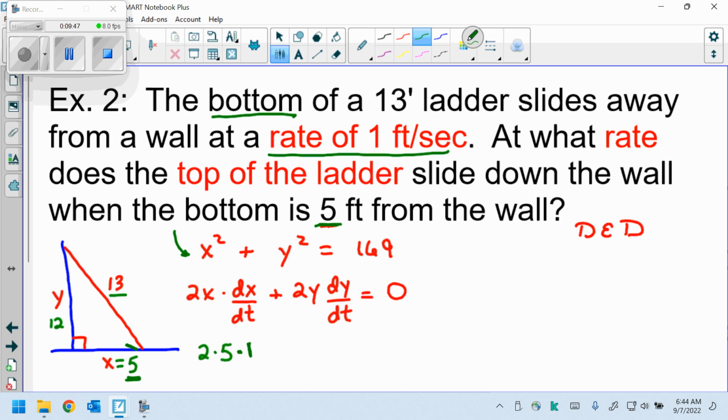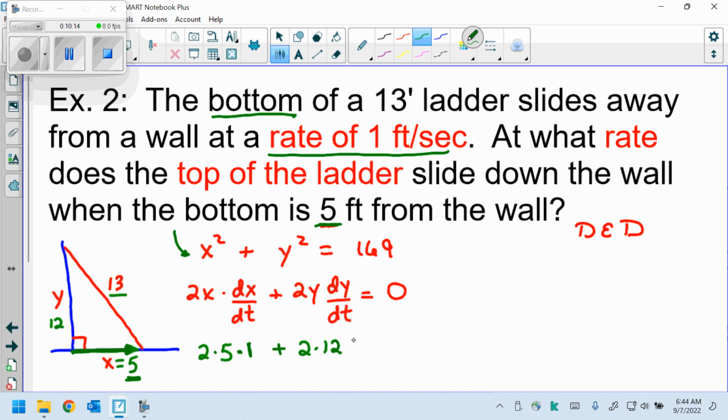It's sliding this way. Now, is that a positive 1 or a negative 1? I'm going to say it's a positive 1. It's a positive 1 because x is getting larger. When things get larger, the derivative is positive. So we now take 2 times y, and y is 12.